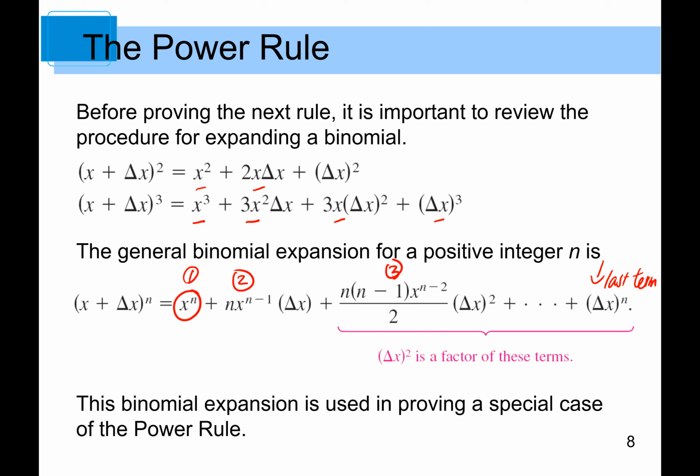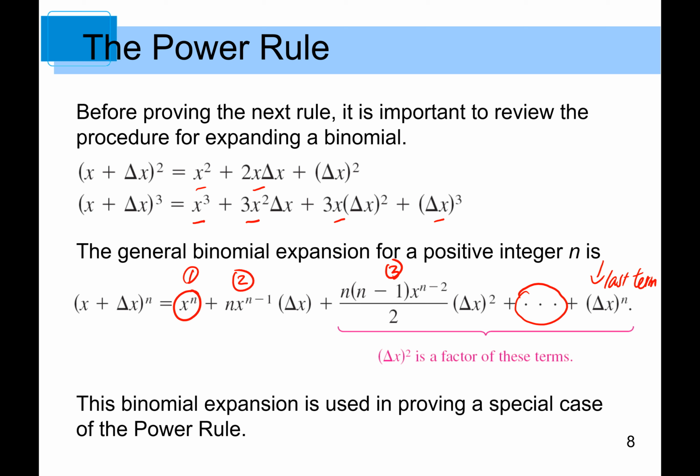Third term is n times n minus 1 times x to the n minus 2 over 2 times delta x squared, plus infinitely many terms in between, up to the last term, delta x to the nth.